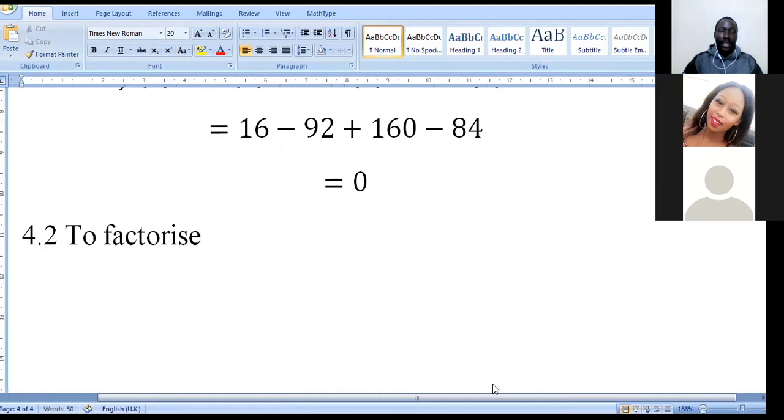To factorize, the first step is to divide the original function by x minus 2. And what's the original function?